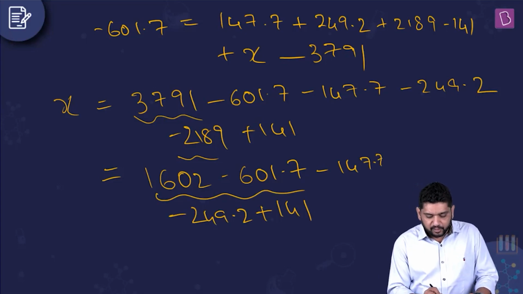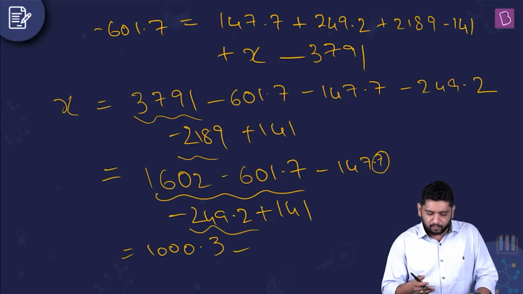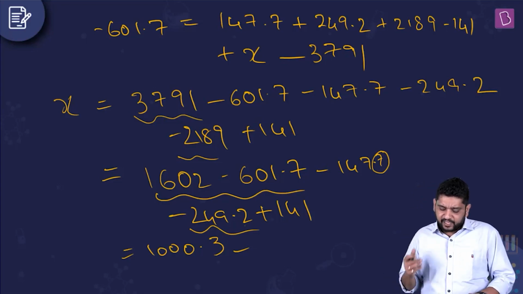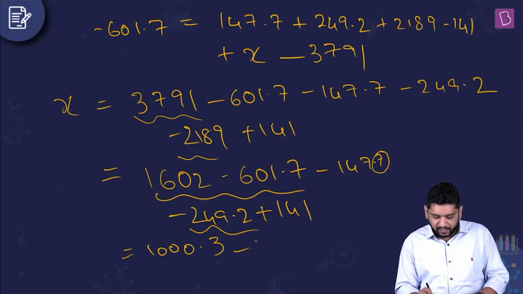Just 0.3 short, so 1000.3 minus 147.7. If I bring it here, this 0.7 will be almost 250. 250 plus 147 is 397, 396.9, so minus 396.9.